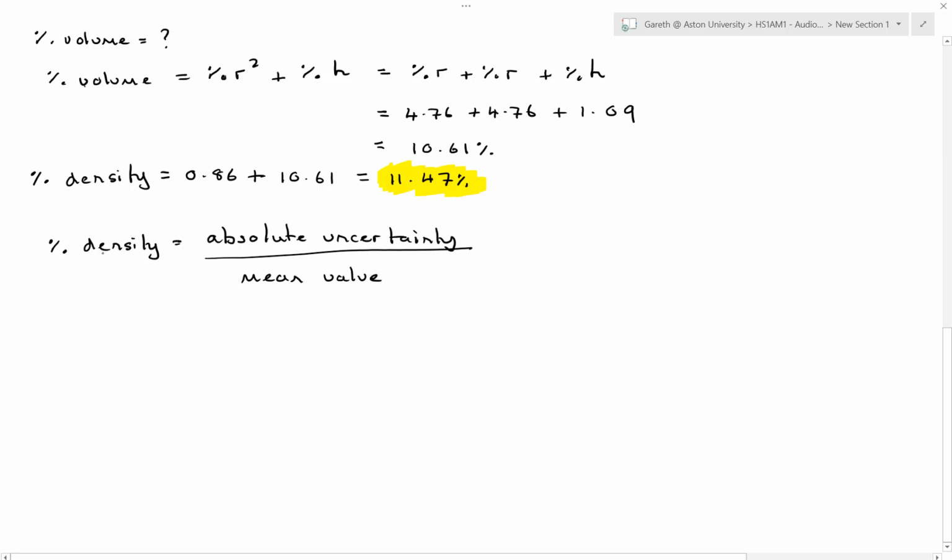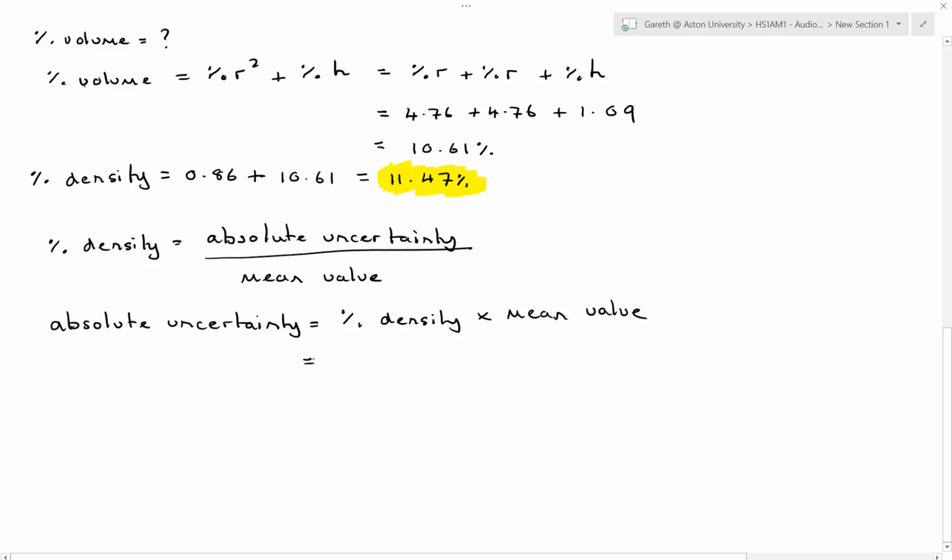Now we have the percentage uncertainty and the mean value, so to calculate the absolute uncertainty, we simply take the percentage uncertainty and multiply by the mean value.